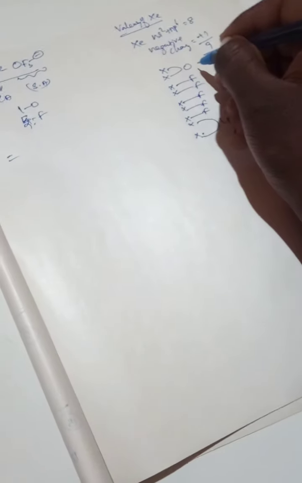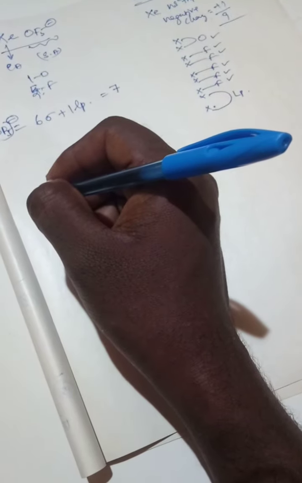Totally present are 6 sigma bonds plus 1 lone pair, for XeOF5 minus. The total value is 7. So the hybridization is sp3d3 with 1 lone pair.